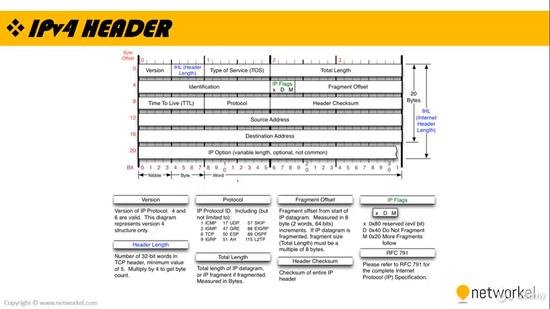As you can see, there are lots of fields in the IP version 4 header: version field, type of service field, header length field, total length field, fragment offset, protocol, TTL, header checksum, source and destination IP addresses, and IP options. Please keep in mind that there are lots of fields here.